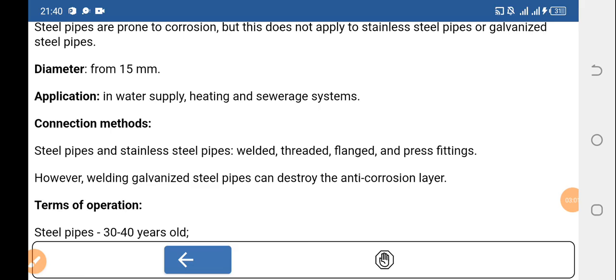Again, when you look at the connection, we said steel pipes and stainless steel pipes can be welded, threaded, flanged, and joined with pressed fittings. I cannot waste much time talking about welding. I think welding is a common term that we normally use.